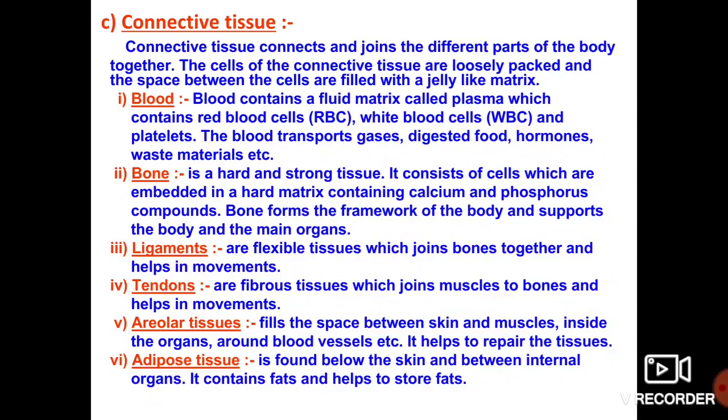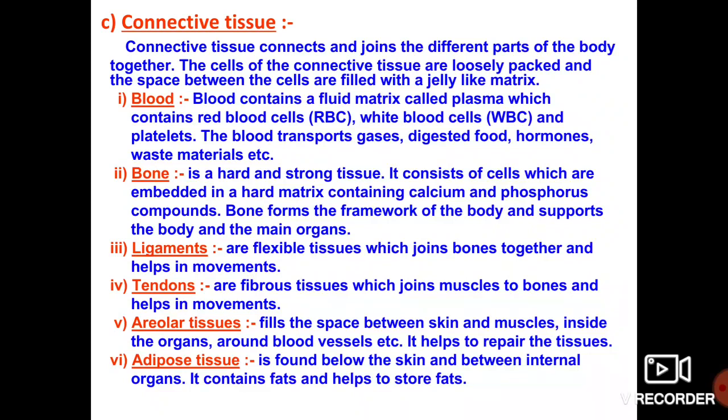So this areolar tissue is very helpful for attachment, and it also plays a major role in the repairing of the blood cells or whatever damaged cells are there.